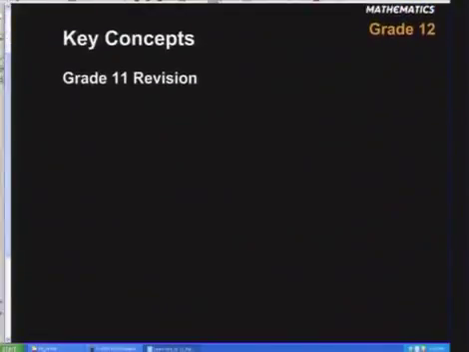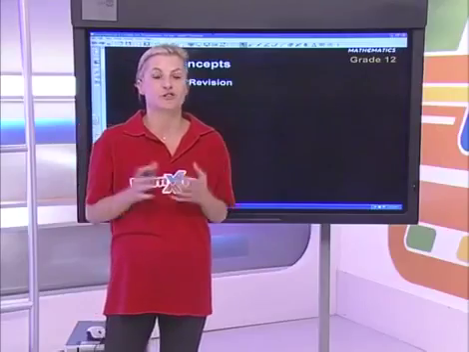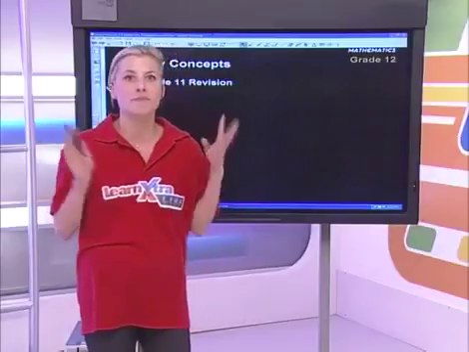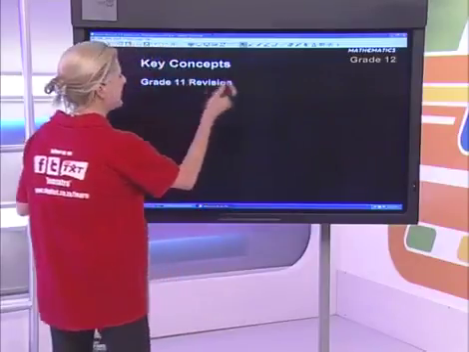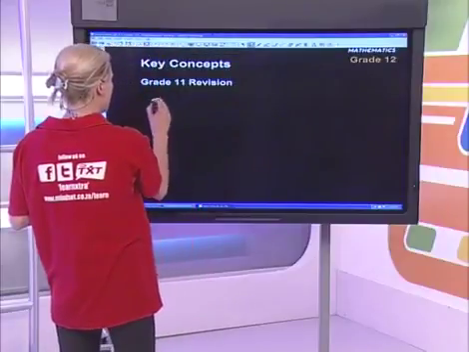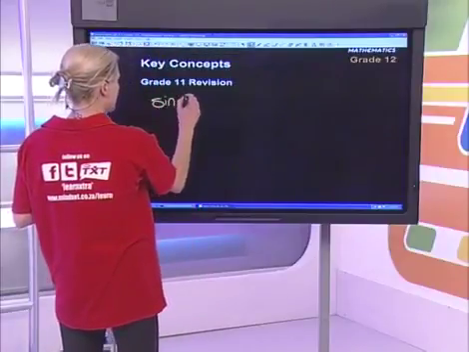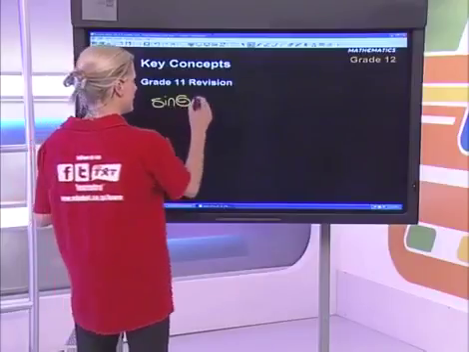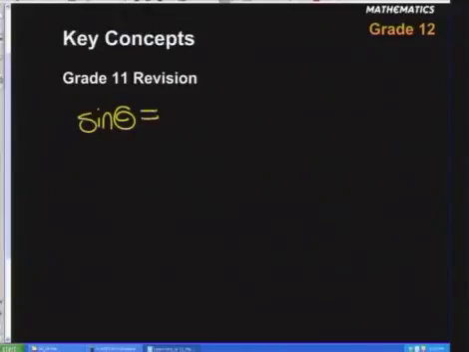Now, what I'm going to do is write down some of the basic things that you should know, even if I wake you up in the middle of the night. So let's have a look at our trig ratios. Firstly, sine of theta. So we should know, because you've been doing this since grade 11, that sine is opposite over hypotenuse.